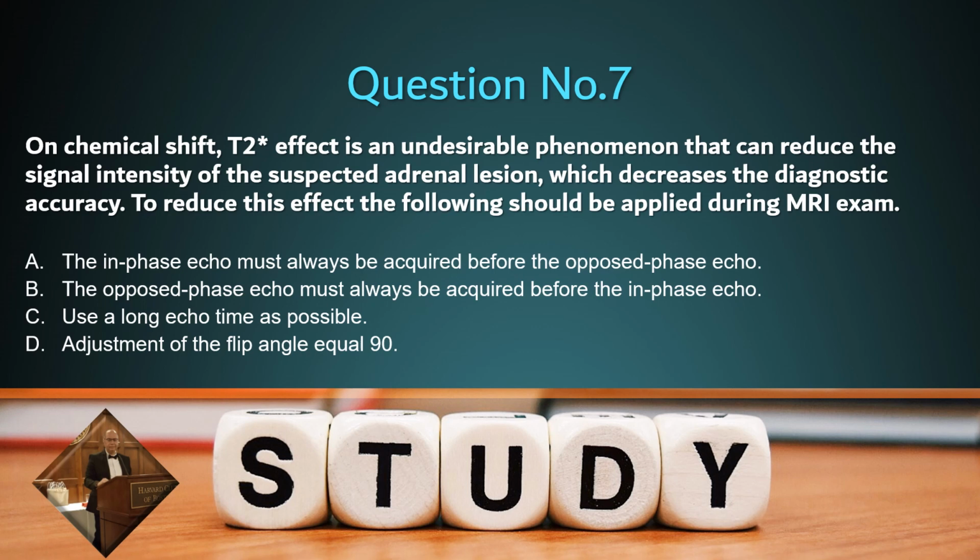The in-phase echo must always be acquired before the opposed phase echo. The opposed phase echo must always be acquired before the in-phase echo. Use a long echo time as possible. Adjustment of the flip angle equal to 90 degrees.